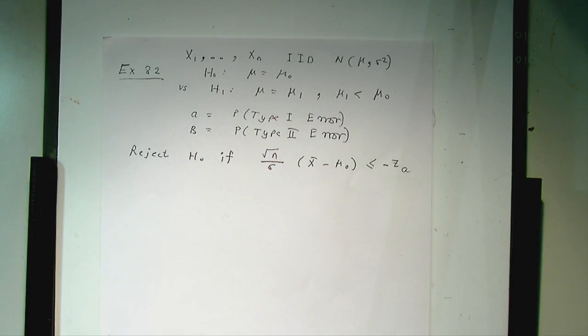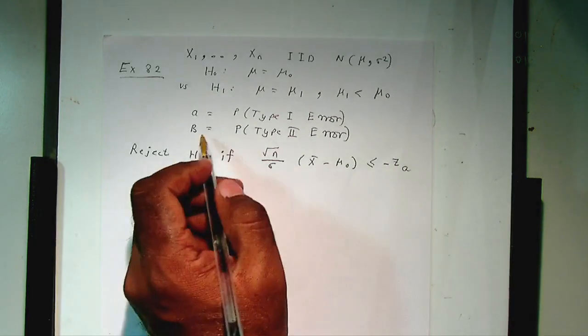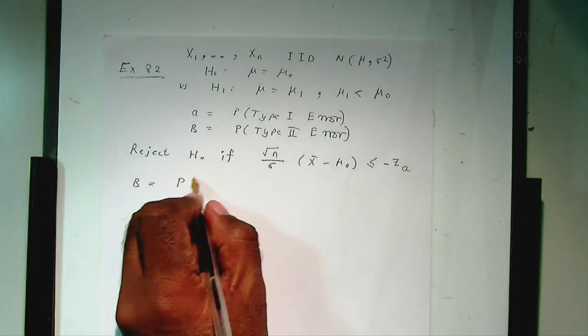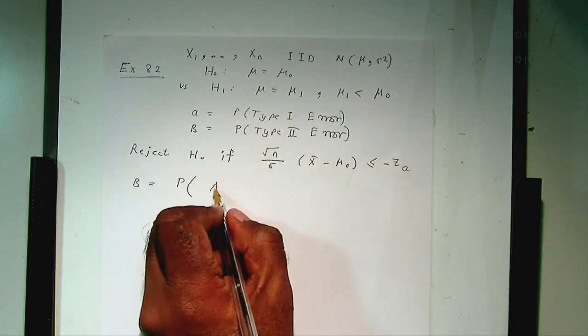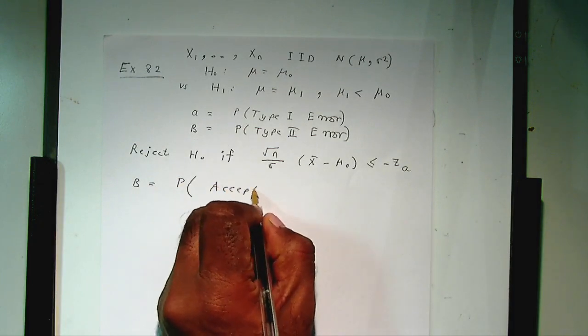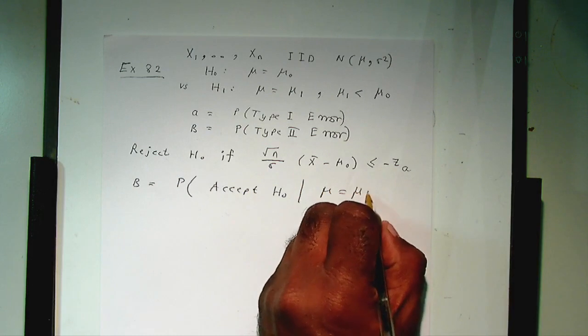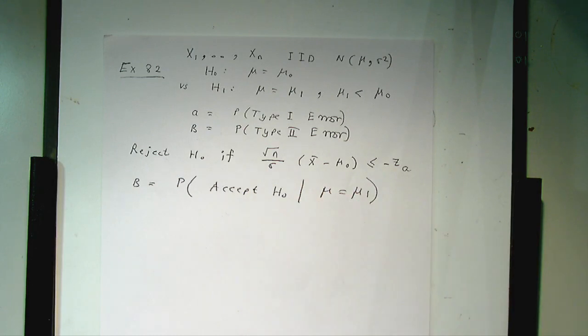The question is to find the value for n. So I'm going to use this fact here, that is B is the probability of, remember, type 2 error, we did this quite a while ago, right?